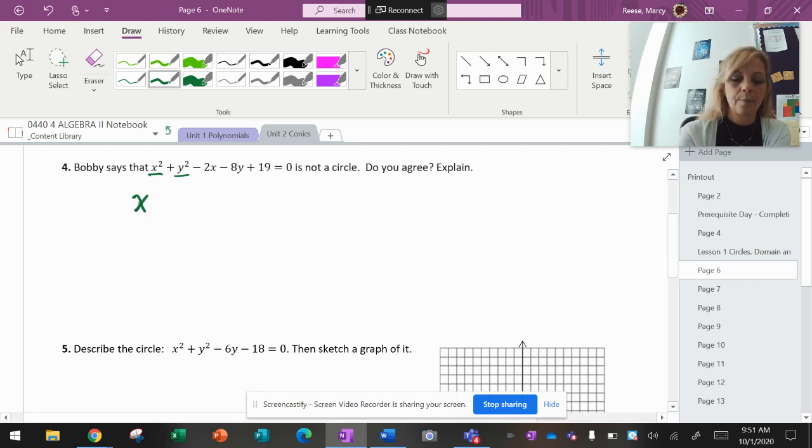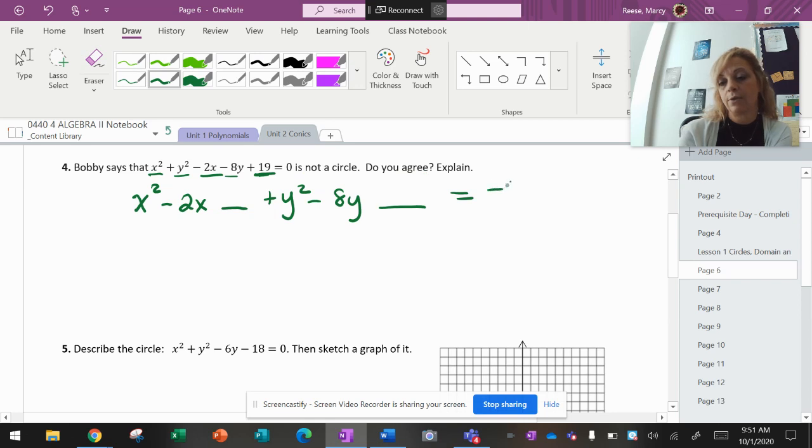So we're going to set up our format, and I'm going to pull my x's together, and I'm going to leave a space. My y's I'm going to pull together, and I'm going to leave a space. It's a minus. And I'm going to bring this constant to the other side. So that's a negative 19. All right, and then you're going to start your process.